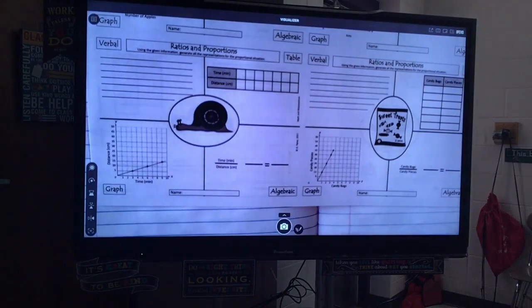Are you sure? It kind of does. Does it give you some information? It does in the, can't remember what it's called, the graph. The graph. Yep. So with the bottom two, you have to use the graph to get your information for your table, so you get your information for your word problems, and so on.